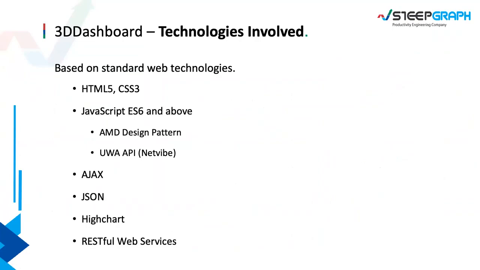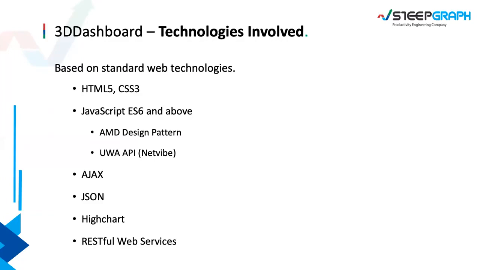technology part. Which technologies are involved to develop the 3D dashboard, front end side, or if you have to go for new widget development, what kind of skills are required? The skills required are typically the standard web technologies, including HTML5, CSS3, JavaScript ES6 and above, which includes the AMD design pattern.